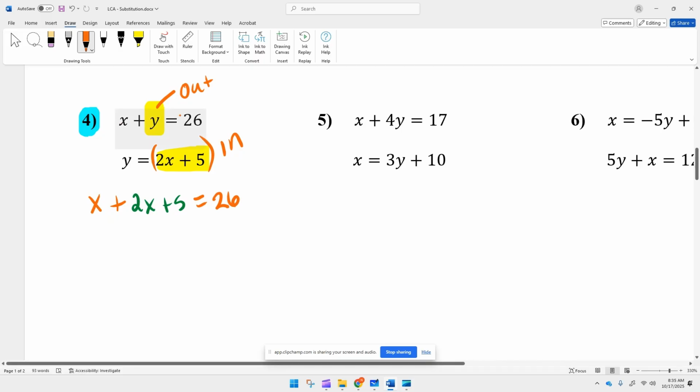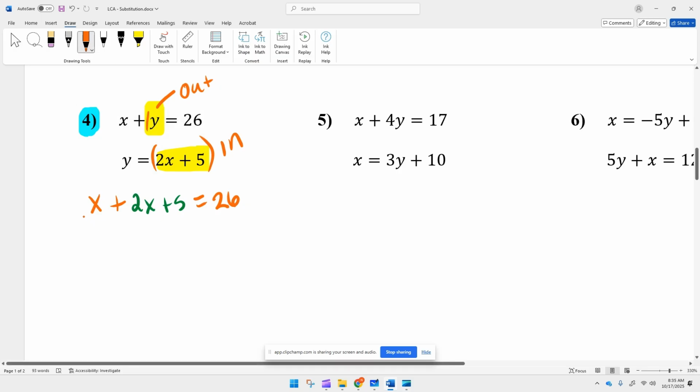I'm not going to change the x yet, and I'm not going to change the 26 yet in that first team because they're still members of the team. The only thing we replaced is the y. You can put parentheses around the 2x plus 5, but because that y coefficient was positive 1, I don't really need to distribute a positive 1, so I can just leave my parentheses off, okay?